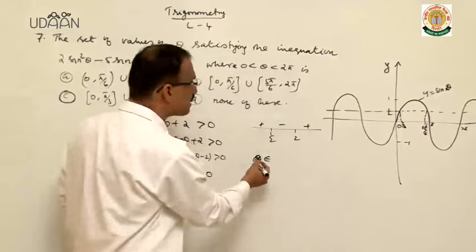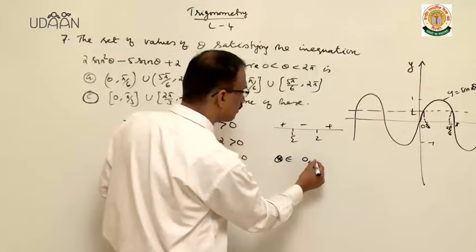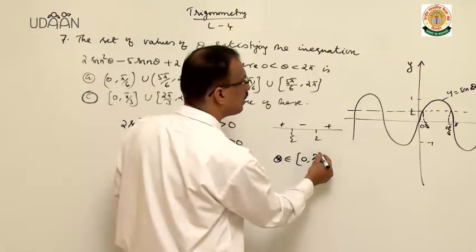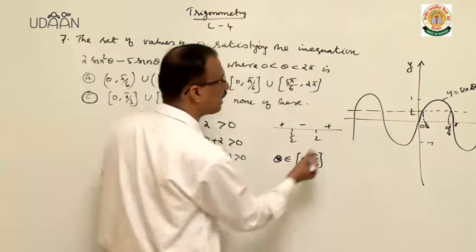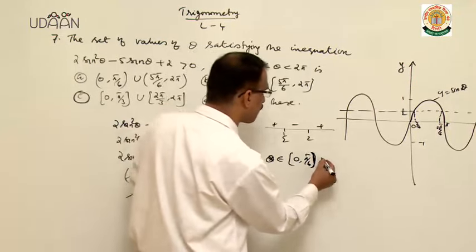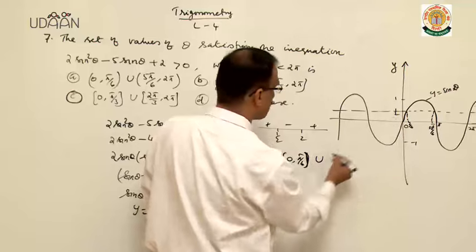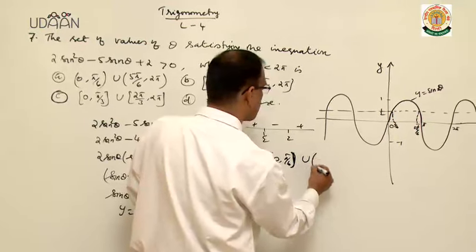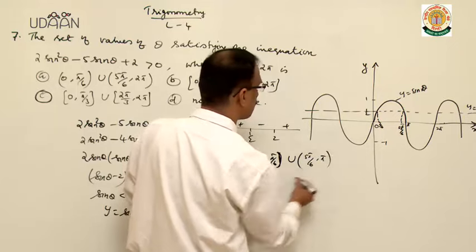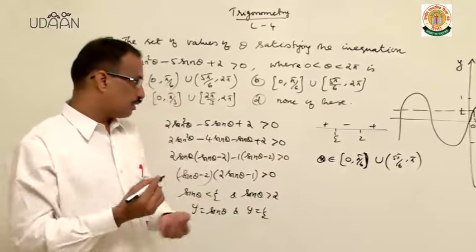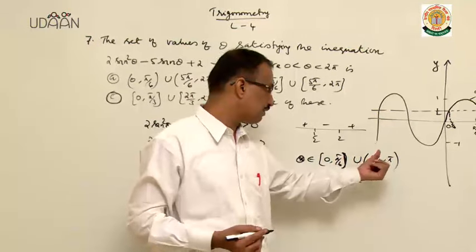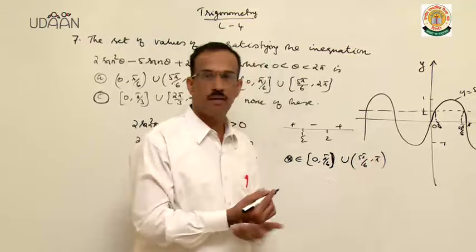So, theta belongs to 0 to pi by 6, including 0 and pi by 6, union 5 pi by 6 to pi.